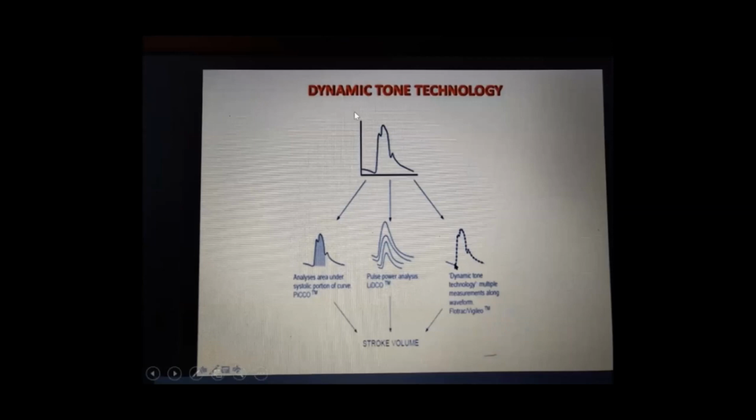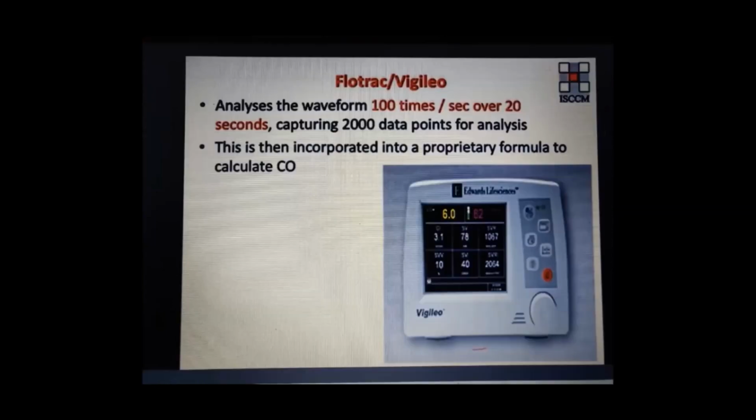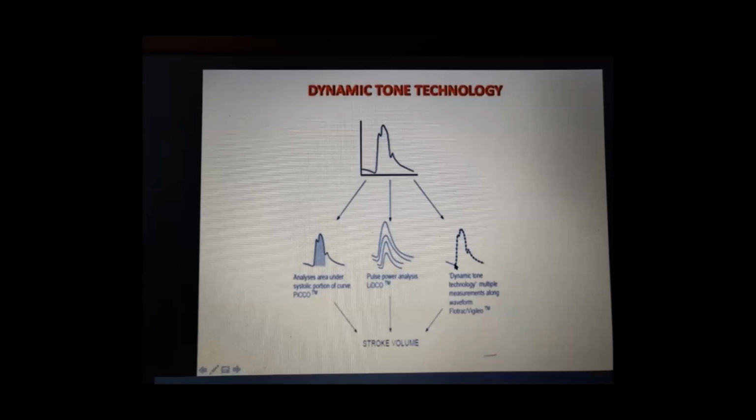So what does it incorporate? This is known as dynamic tone technology. For which monitor? The FloTrac Vigileo, right? Remember that. This is an important point. You have to mention this while answering this short note or any question which involves FloTrac Vigileo. See, it analyzes the area under the systolic portion of the curve. Whenever you get a question on this technology, you always mention this dynamic tone technology.